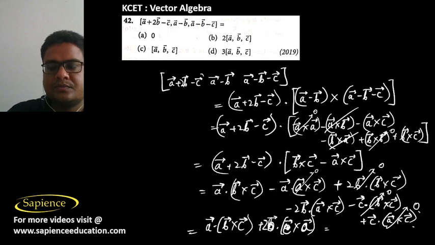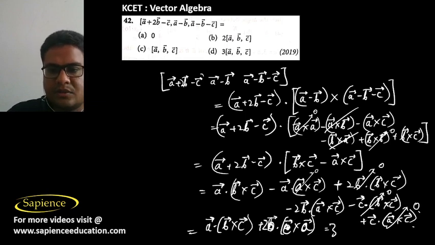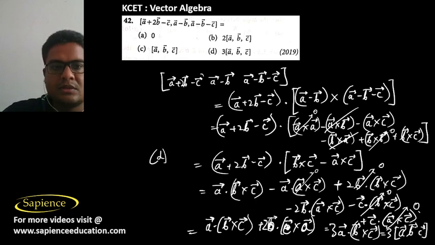So this is also a dot b cross c. This is 3 into a dot b cross c. So this is equal to 3 times the box product of ABC. So option D is the correct answer.